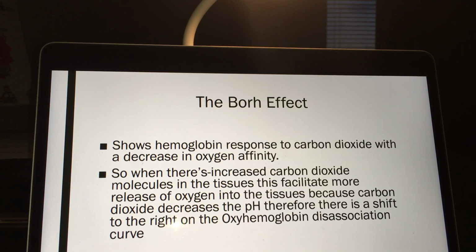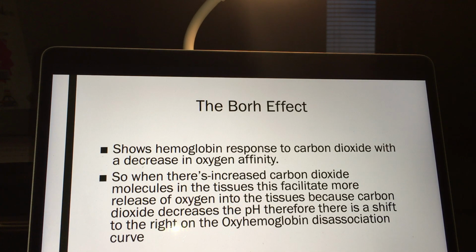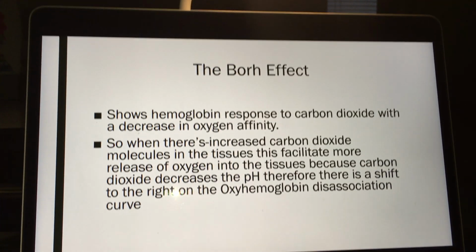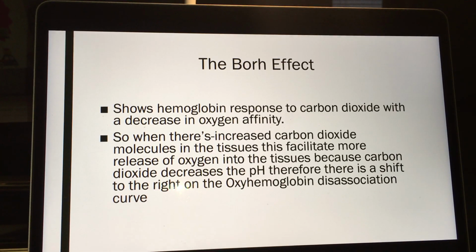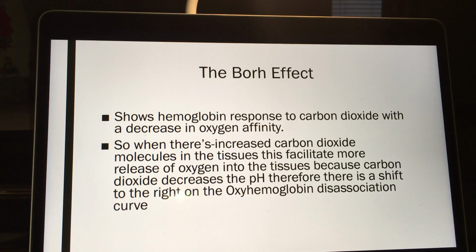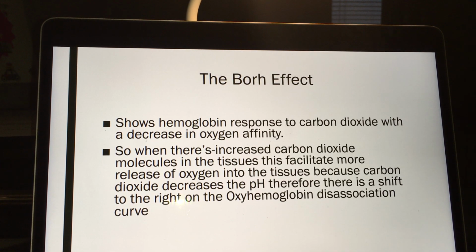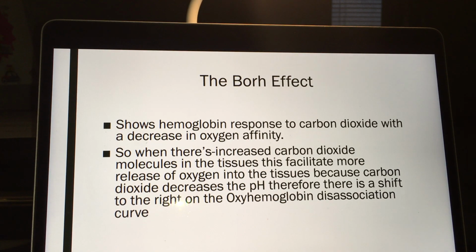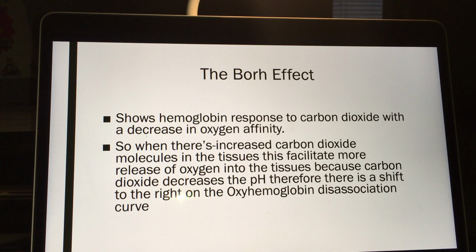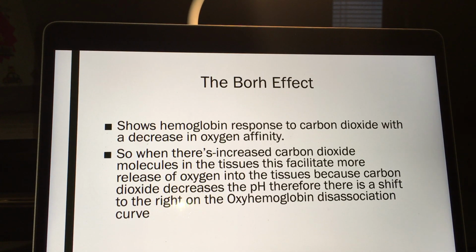basically shows the hemoglobin response to carbon dioxide with a decrease in oxygen affinity. So when there's an increase in carbon dioxide molecules in the tissues, this facilitates more release of oxygen. And that is because carbon dioxide decreases the pH. Therefore, there's a shift to the right on the hemoglobin dissociation curve.